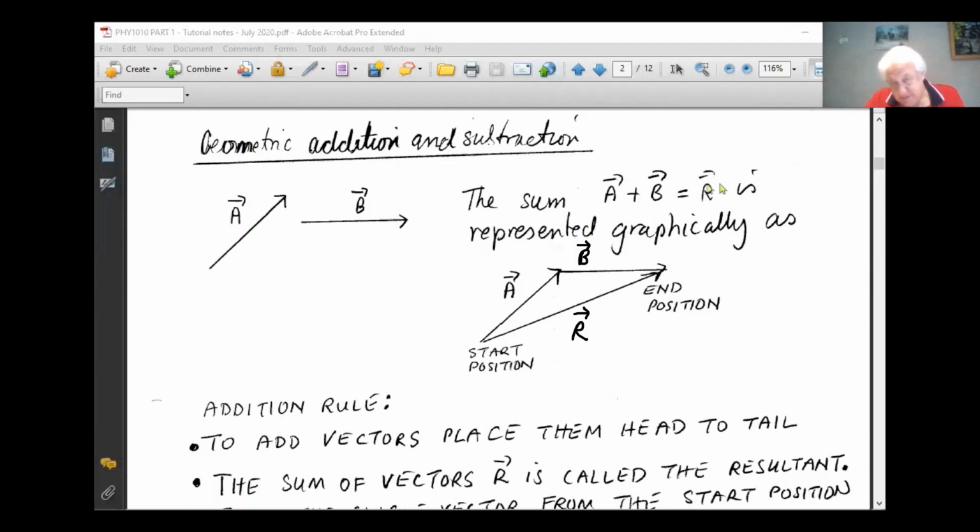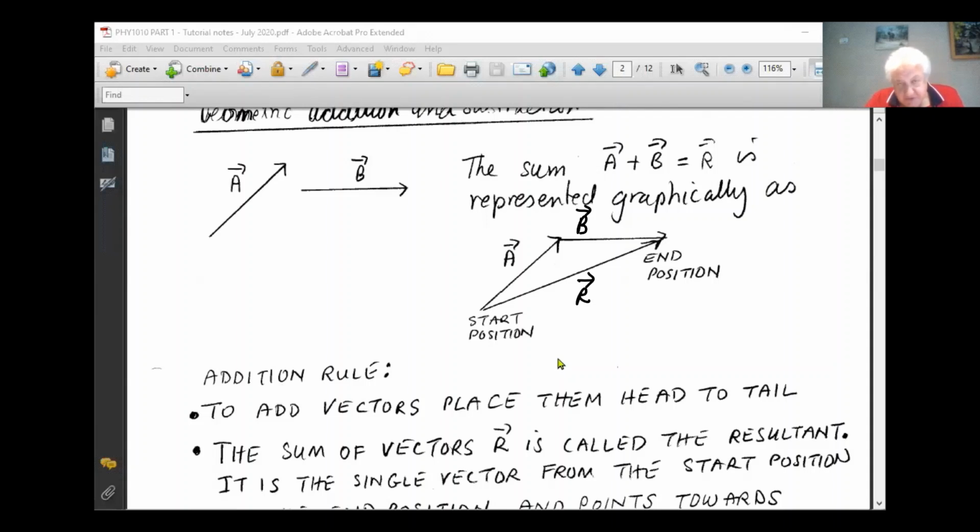I'll deal more with the mathematics of this later, and I'll show you what this represents later. But for now, geometrically, all you do to add vectors is you place them head to tail. So I start with A, draw my A, then I put the tail of B on A, and it takes me from the start position to the finish position.